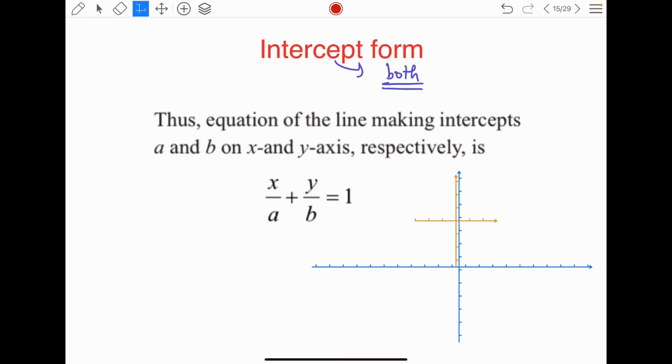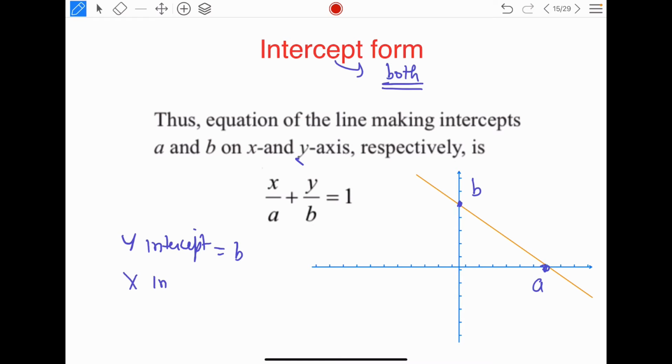Like this, it is cutting the y-axis at a particular y coordinate, that is b, and the x-axis at the x coordinate a. So it is making intercepts on both axes. My y-intercept, the point where it cuts the y-axis, is b, and my x-intercept is a.